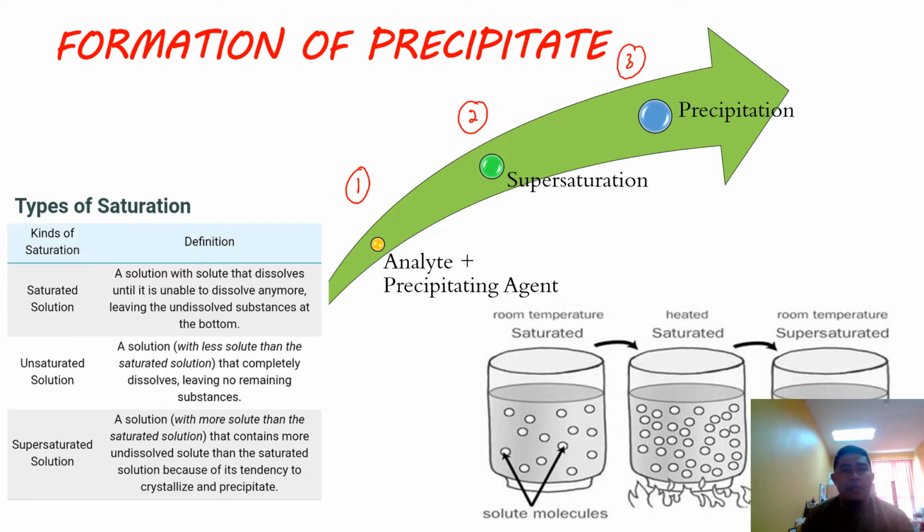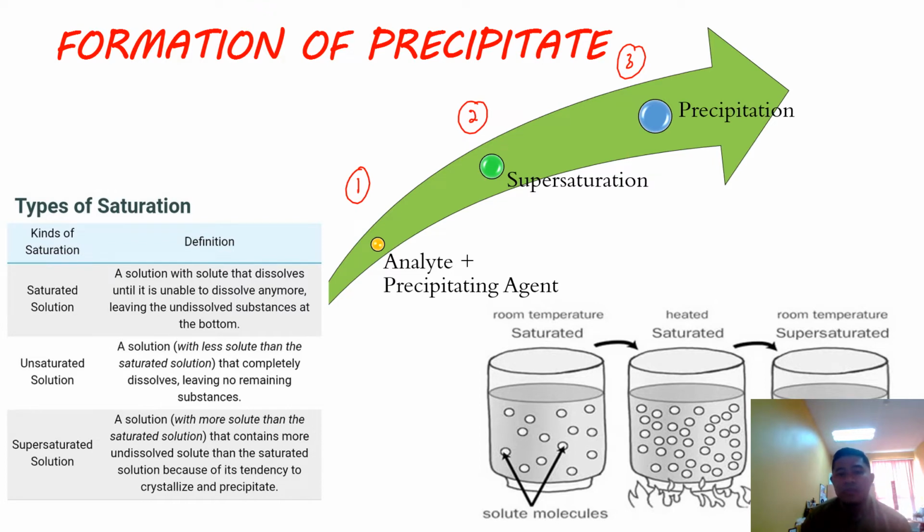Then this is the formation of precipitate. As I said, there are a few types of saturation: we have saturated solution, unsaturated solution, and supersaturated solution. In order to get the precipitate, you need to have the analyte react with the precipitating agent, which will help make sure the precipitation process is successful.